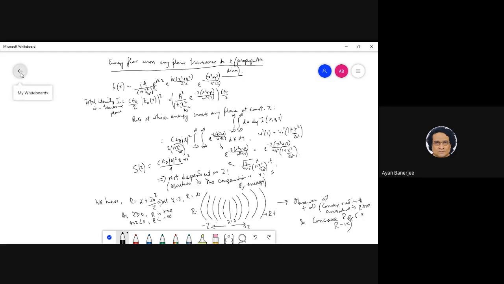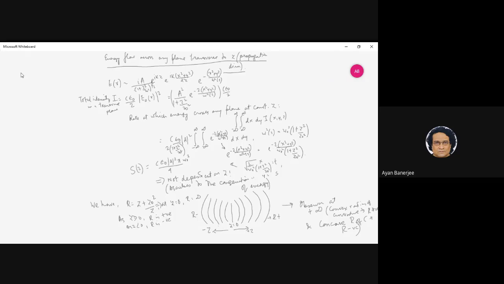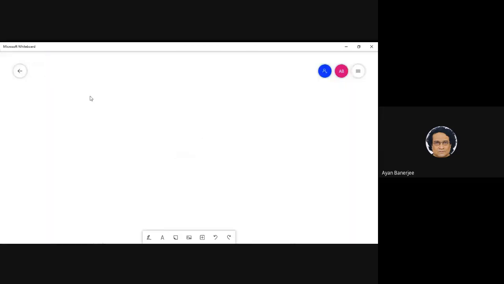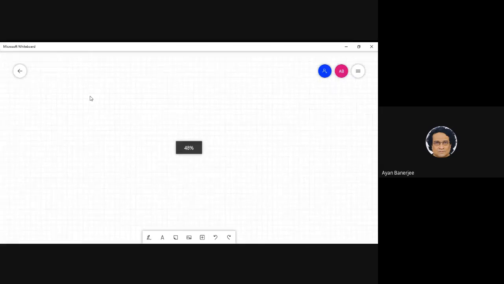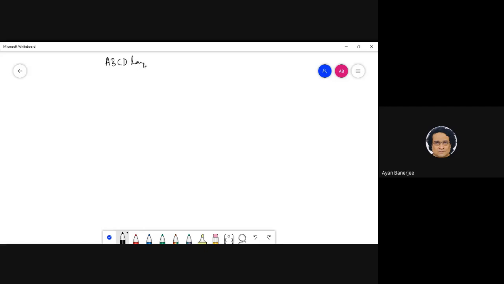Okay, fine. So now we go to the next crucial thing, the most important thing here, that is the ABCD law for Gaussian beams. Very nice.